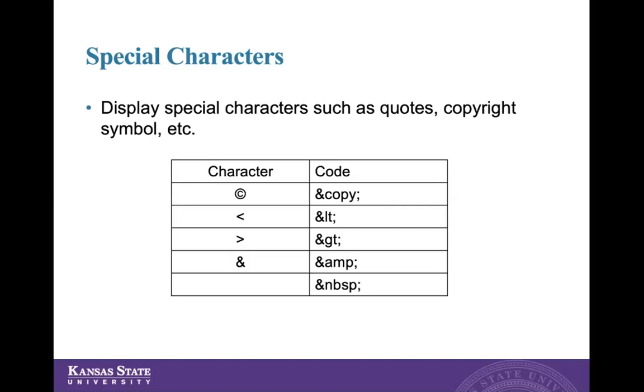We have to use what we call a special character code. And any special character is always going to start with the ampersand. And then for example, for the copyright, we'd have to do ampersand copy. And then all of those special characters are always going to end with a semicolon.